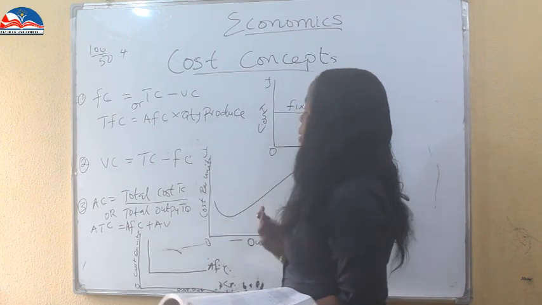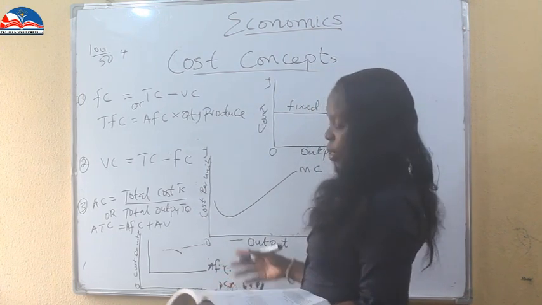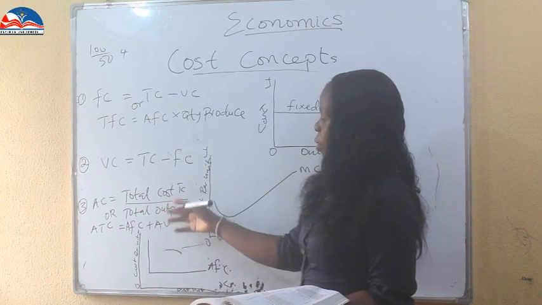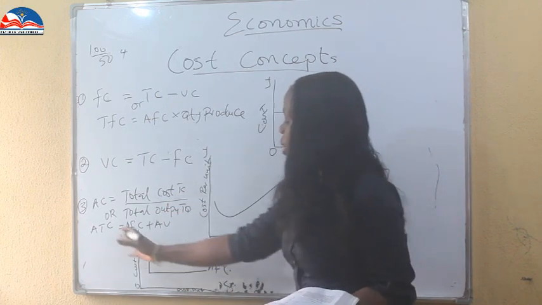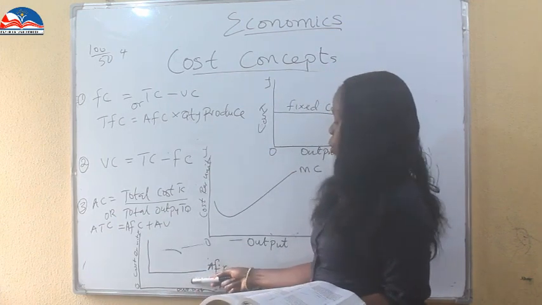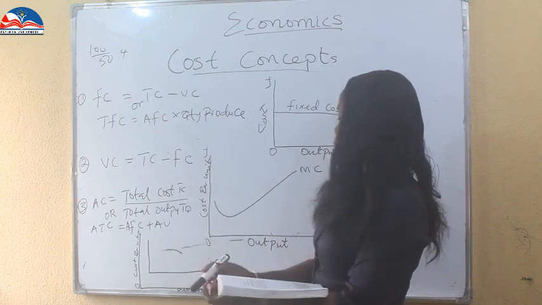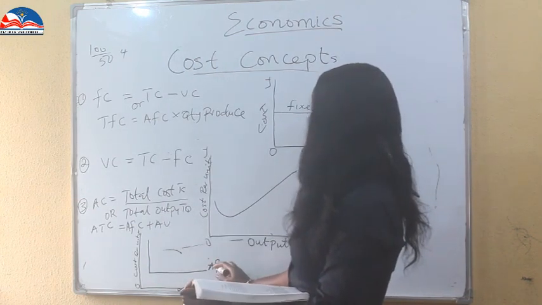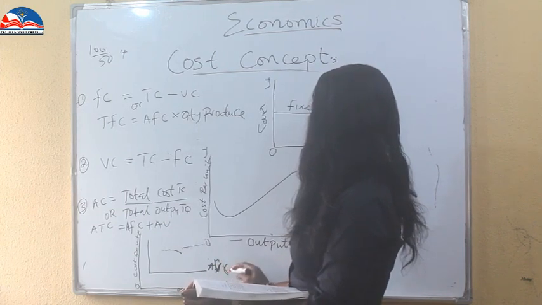How do we represent this graphically or in a curve? Total cost divided by total output. This is our output. This is our total cost. So it takes this L kind of curve, which is average variable cost. Sorry, this is average variable cost.